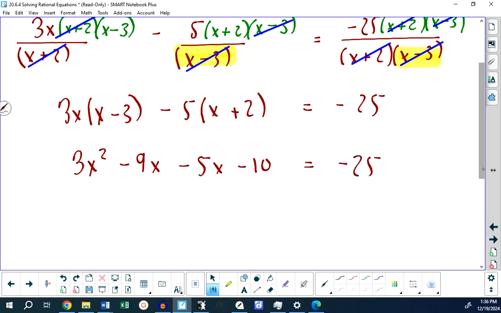But now we're on familiar ground. This is 3x squared minus 14x plus 5 plus 15.